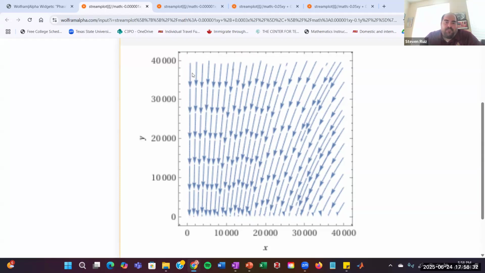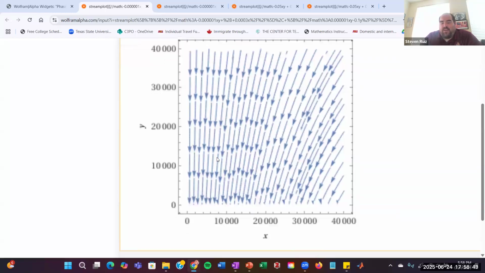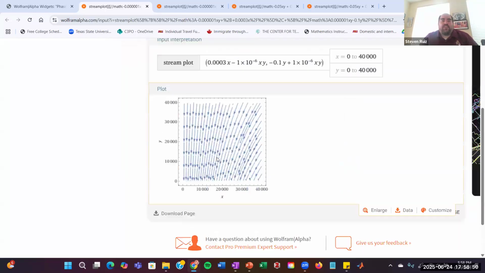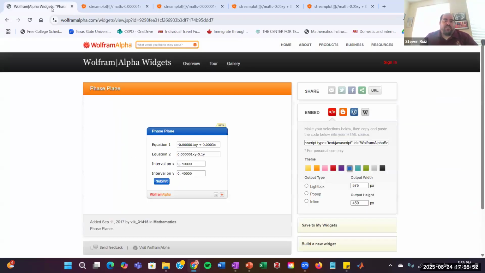These are much more vertical than they are horizontal, so I think the number of infected people is changing at a much faster rate than the number of susceptible people. So maybe we should go back and look at what this looked like with our initial parameter.